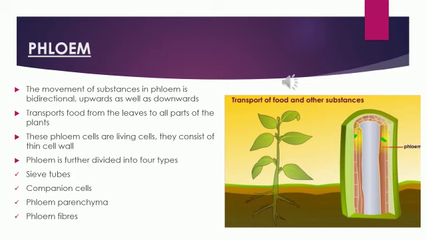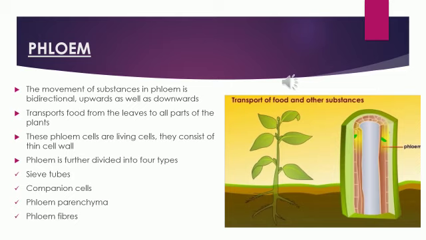Phloem transports food from the leaves to all parts of the plant. You know that the food is synthesized in the leaf, where exactly photosynthesis occurs and synthesizes food.